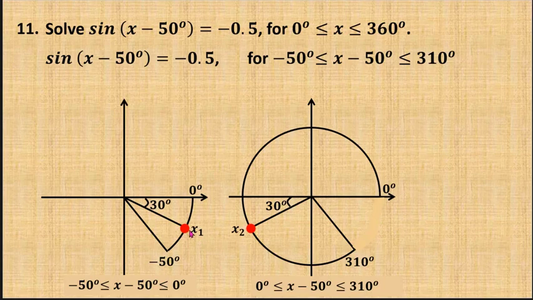The first angle starts from 0, but the direction is clockwise because it is a negative value. And this value is equal to negative 30 degrees. For the second angle, it also starts from 0, but follows the direction anti-clockwise because it is a positive angle. This value is equal to 210.